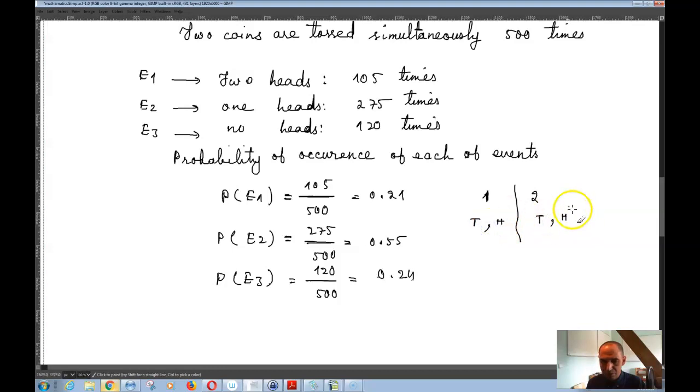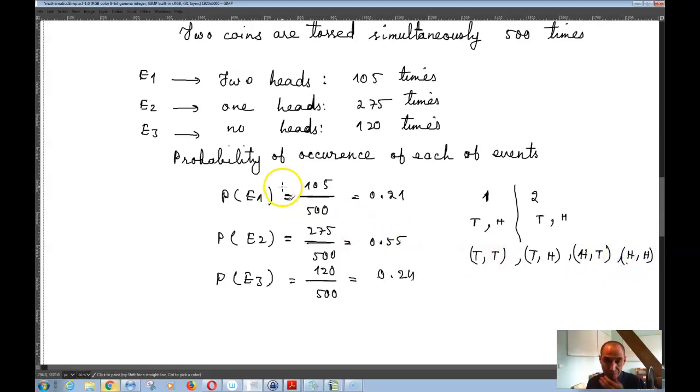Now you need to take the different combinations of these 2 coins put together. You could get a tail and a tail, a tail and a head, a head and a tail, or a head and a head.